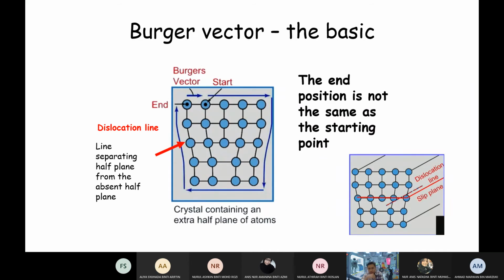Let's say that we have an extra plane here on the top of our structure.